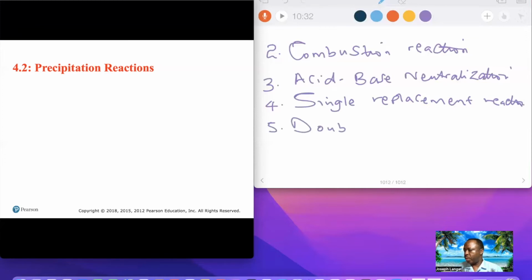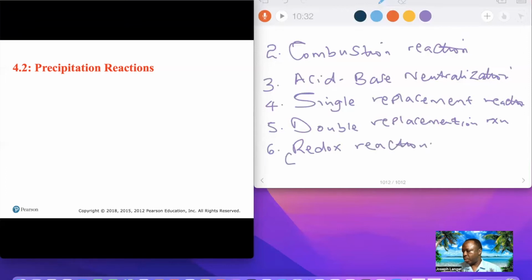Five, metathesis or double replacement reaction. Six, redox reaction.